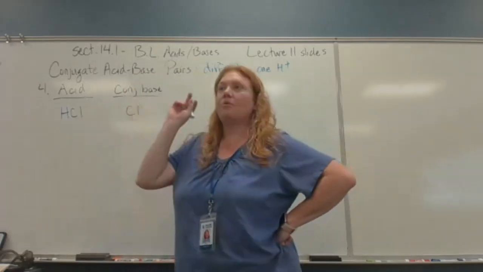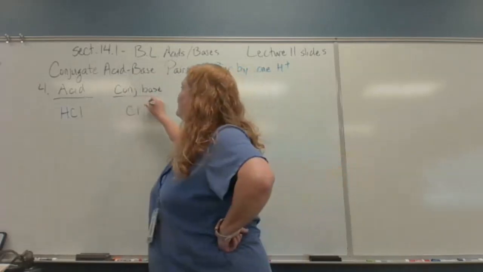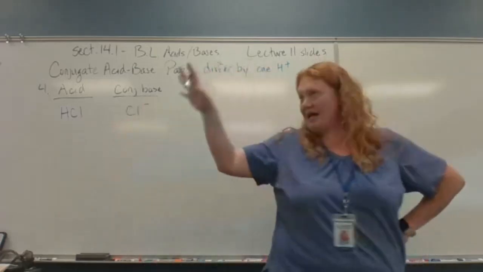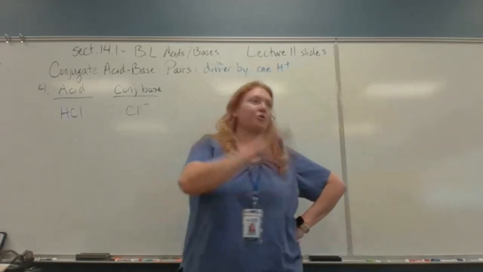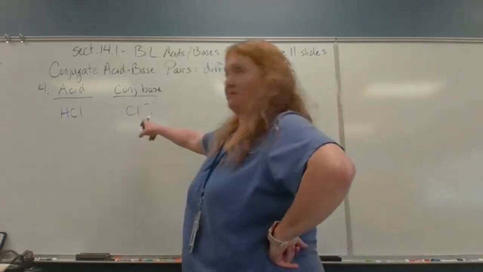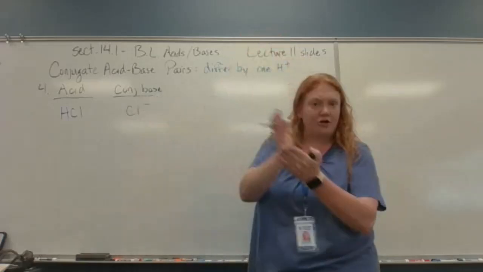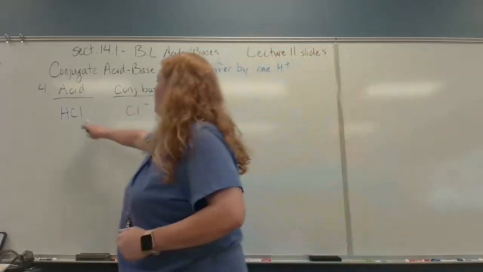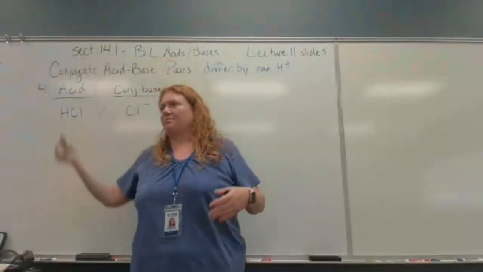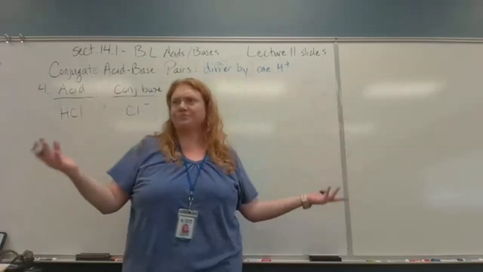Cl minus. It is the chloride ion. It is not chlorine gas, it is not the chlorine element. It is the chloride ion. Yes. So sometimes when we write pairs, we'll write the two species and we'll just put a slash in between them. Okay, that's the pair.